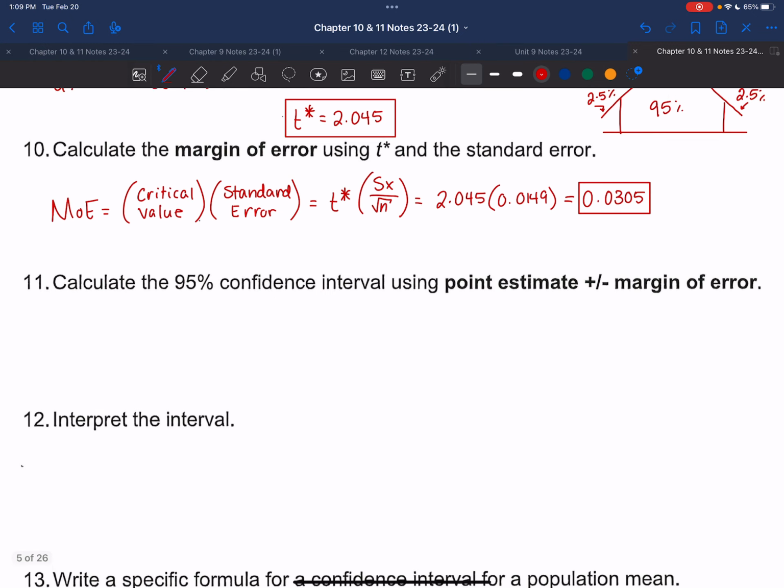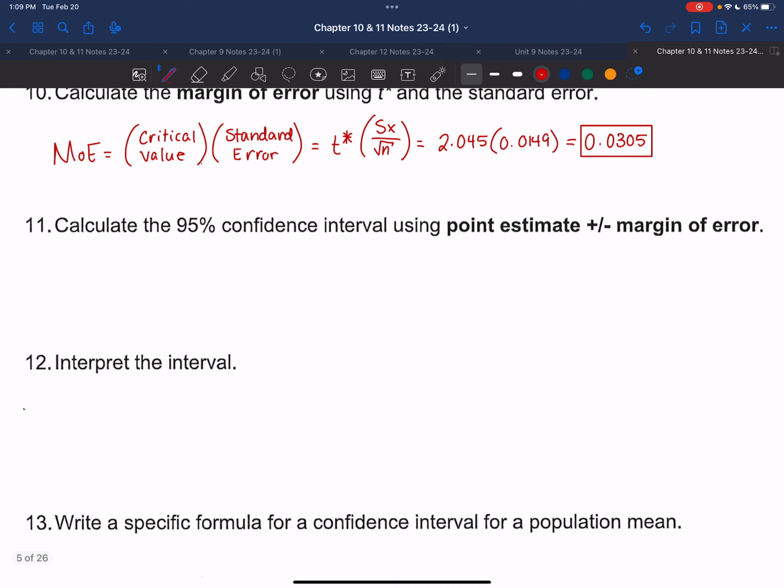And now it says calculate the 95% confidence interval using point estimate plus or minus margin of error. Again, same exact formula we've been using. Confidence interval is point estimate plus or minus our margin of error. Written out, we would have x bar plus or minus T star times S x over root n.